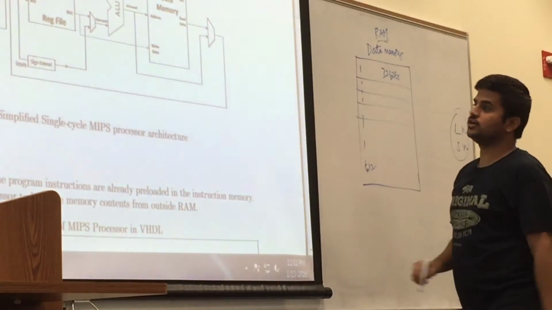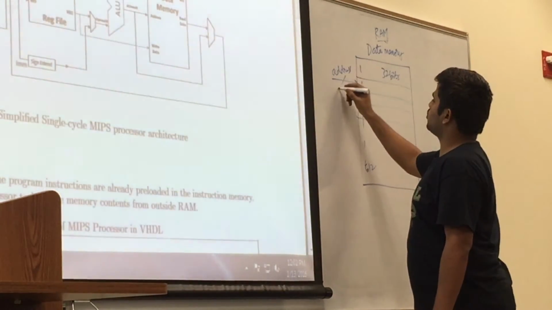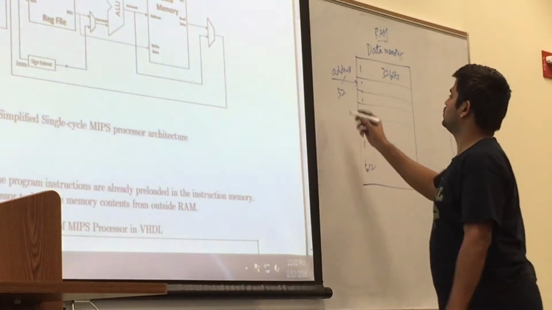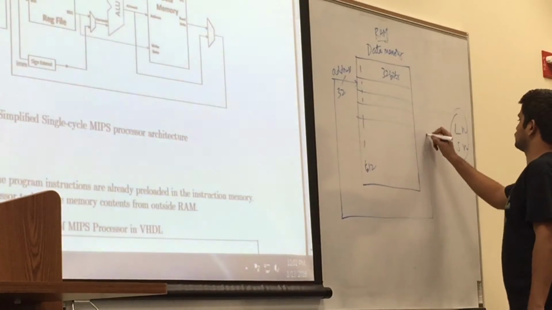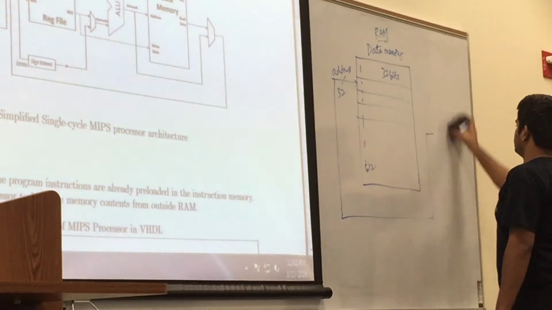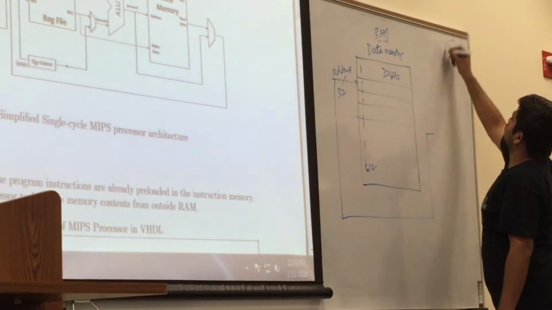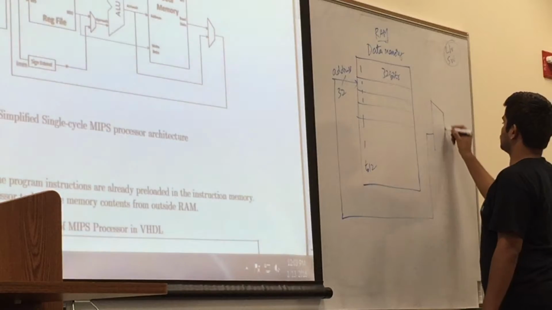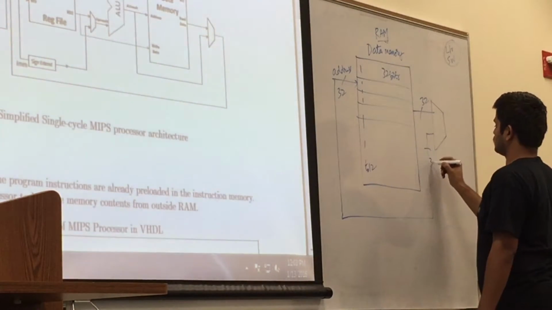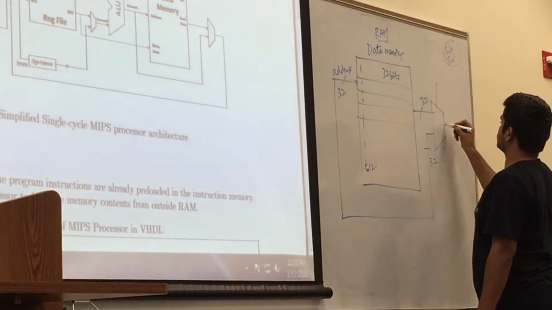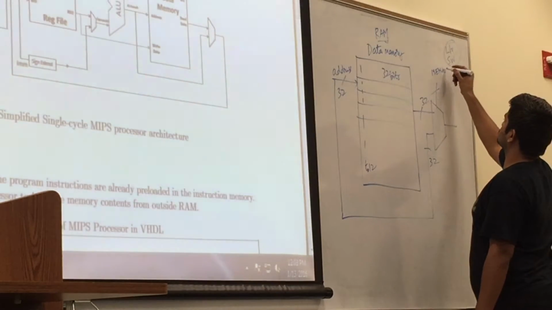You have the input address, which is the output coming out of the ALU. And you have the mux, and this select line is mem to reg.